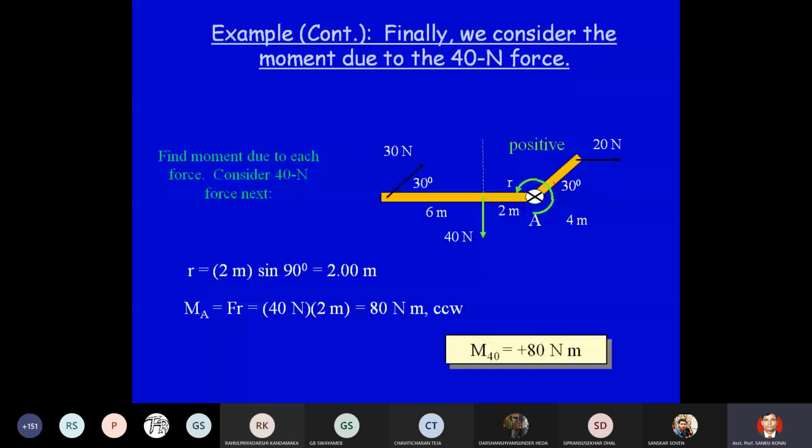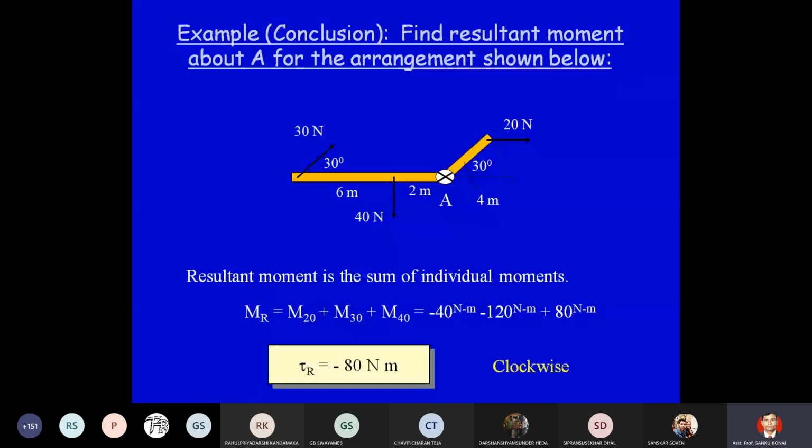Now we have calculated the moment using three forces. So what will be the resultant moment? That will be nothing but the summation of all three moments. The resultant moment is the sum of all individual moments, along with the sign. So M20, M30 and M40. M20 is the moment for the 20 Newton force, M30 is the moment for the 30 Newton force, and M40 is the moment for the 40 Newton force.